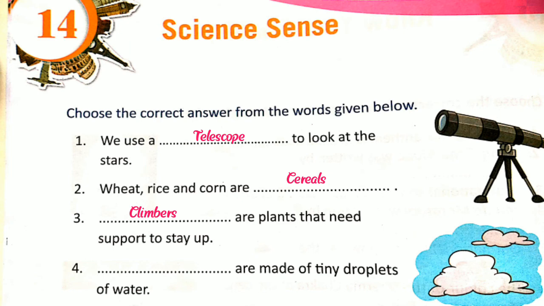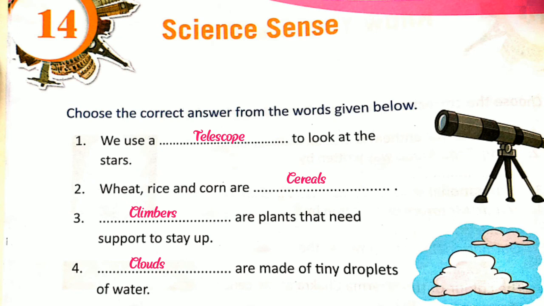Okay, very good. Now number 4, blanks are made of tiny droplets of water. What is made up of tiny droplets of water? Here we can see a photograph of a cloud. So clouds are made up of tiny droplets of water. Very good, children.